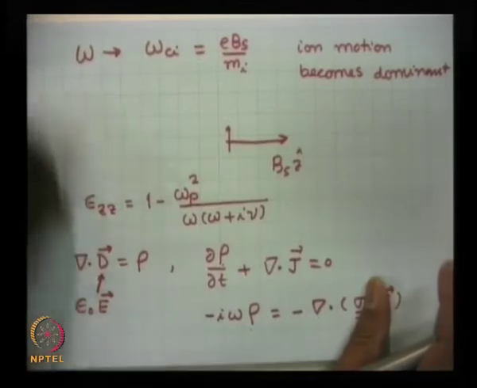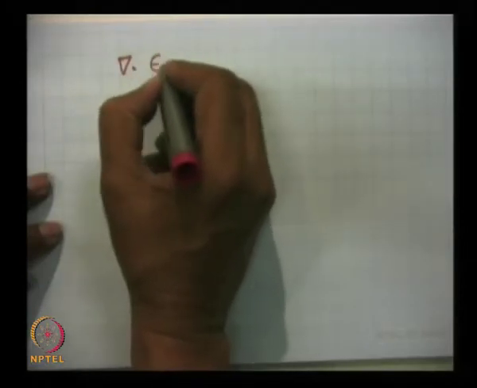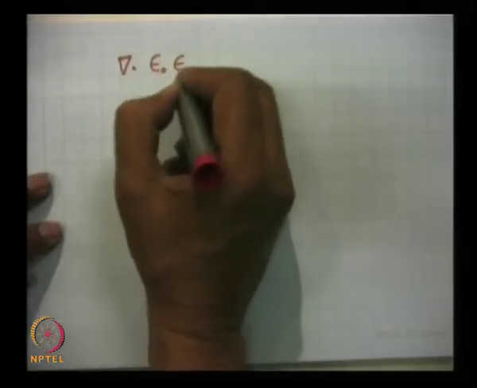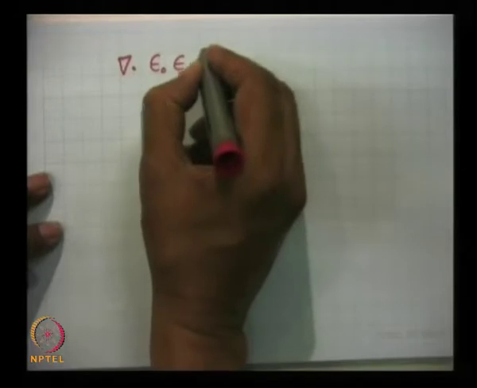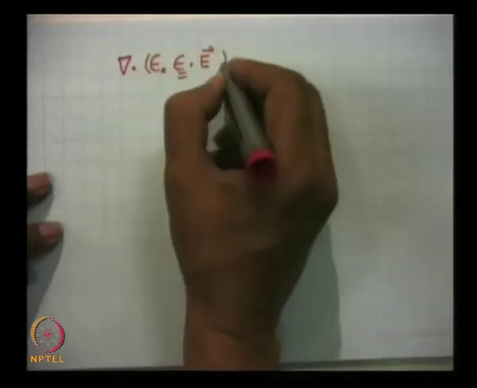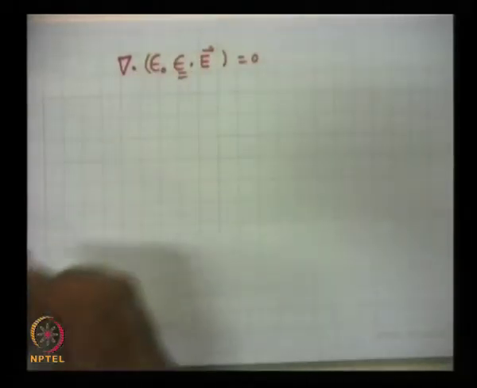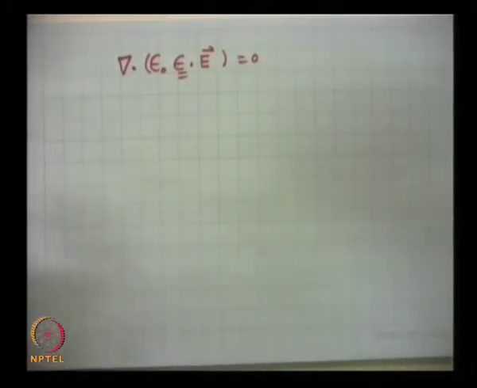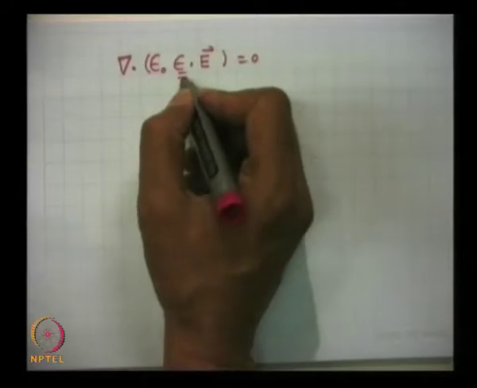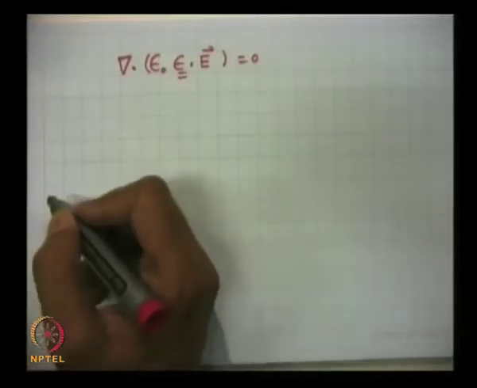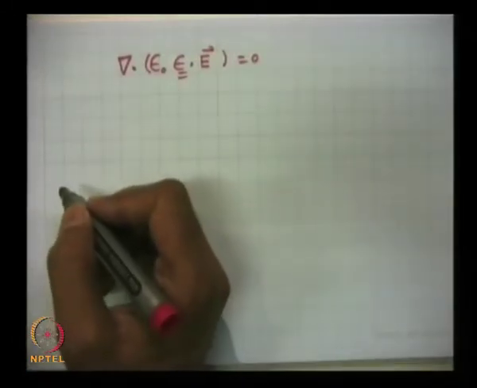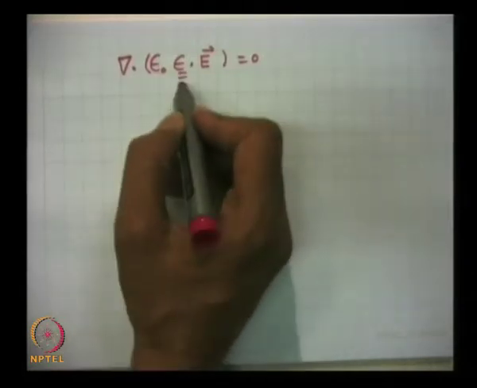When you add these two terms, they simply become divergence of epsilon 0 into epsilon dot E equal to 0. So, the first Maxwell equation has become similar to the one that you encounter in anisotropic dielectrics of permittivity epsilon. The entire information about anisotropy or plasma response is contained in one quantity, that is the plasma permittivity tensor.